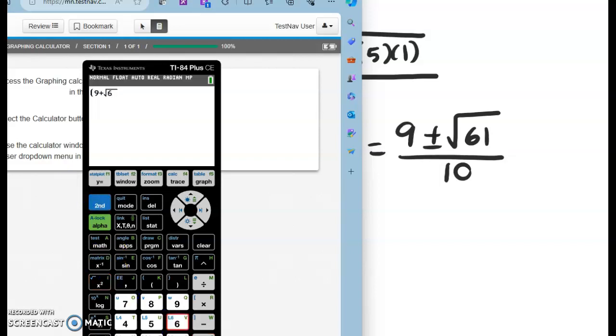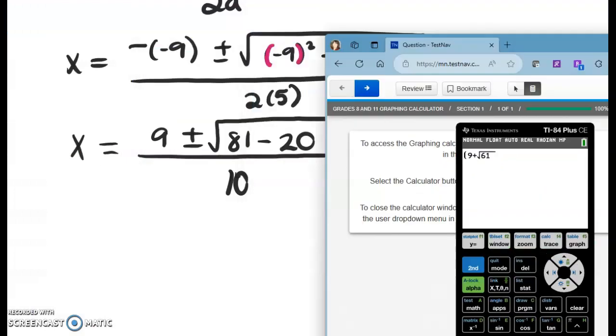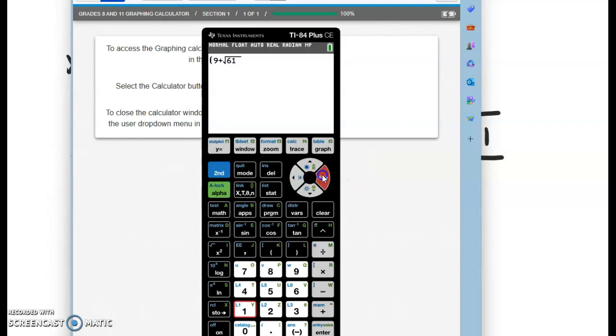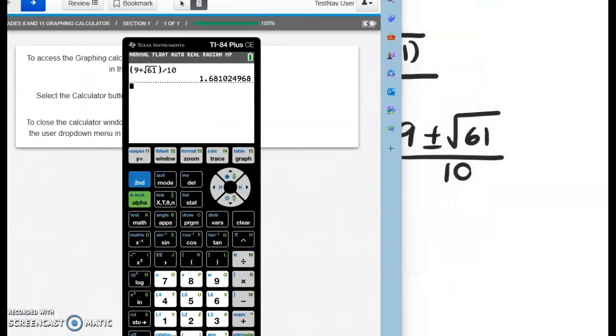And like I said, you could put this in as it was up here, so that you can do it all like that, just making sure you surround the numerator with parentheses. And then I'm going to divide by 10. And so this will be one of my answers. And then I'm going to do the same, but I'm going to switch this to minus.